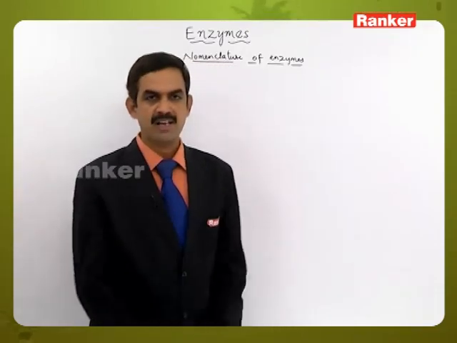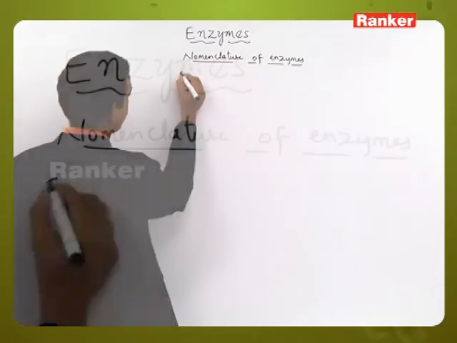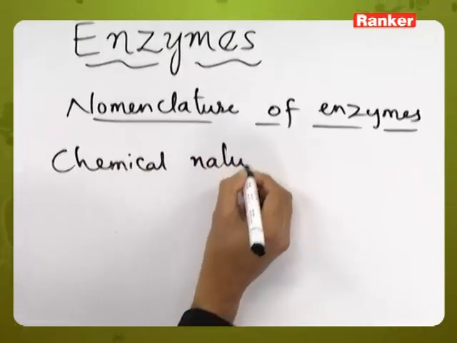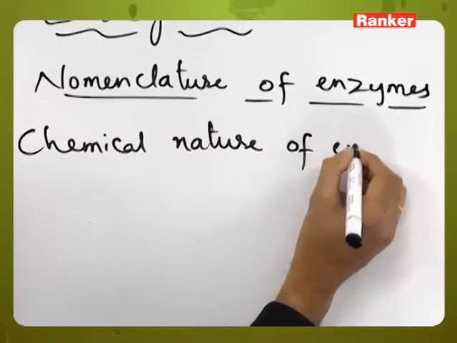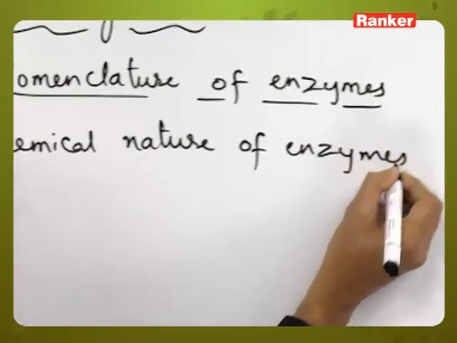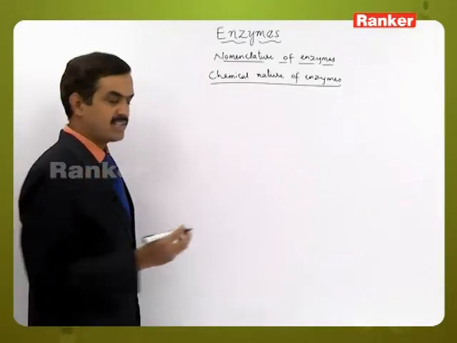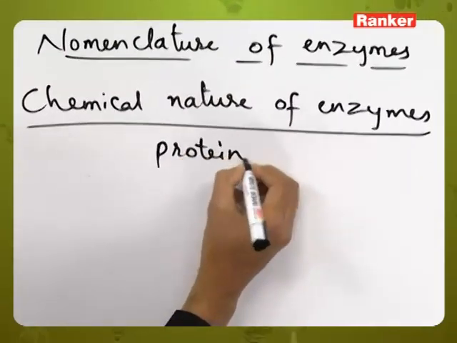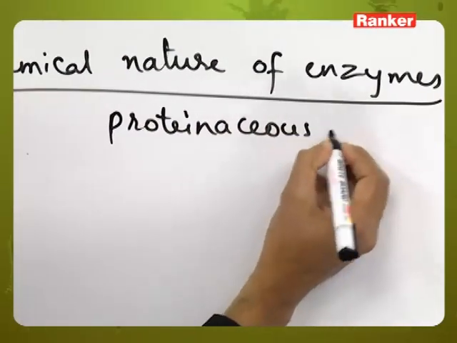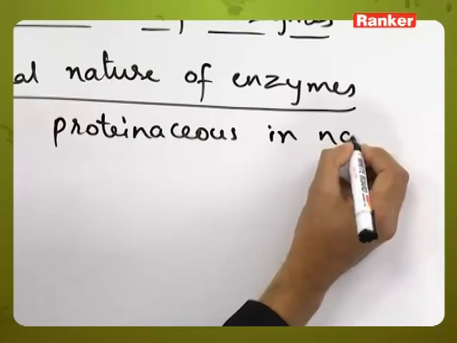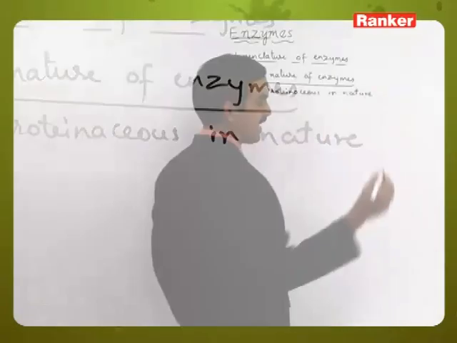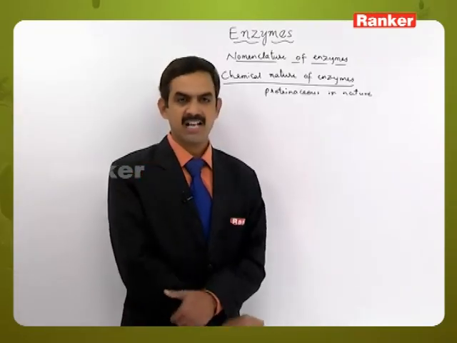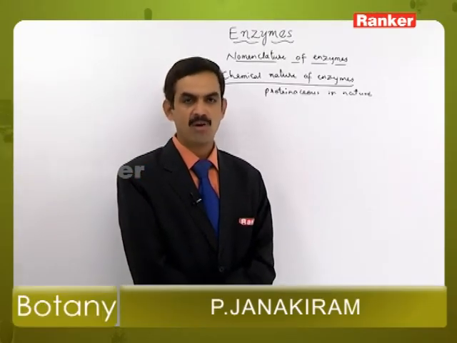Here next one is chemical nature of the enzymes. As we said, these enzymes are proteinaceous in their nature, but exceptionally, as we said, ribozymes are the ones which are non-proteinaceous, and they have a nucleic acid in the form of RNA.